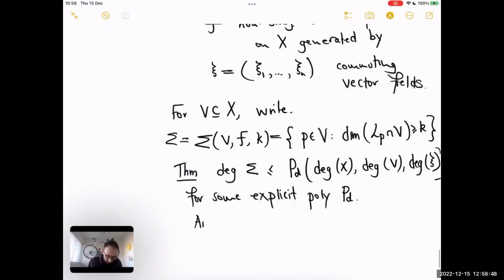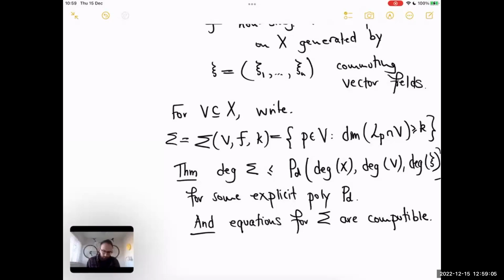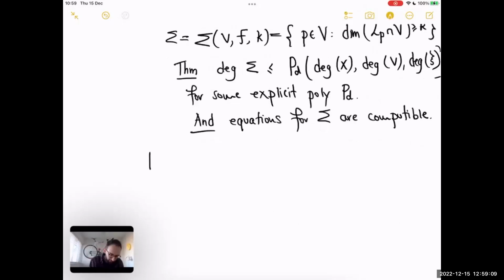And equations for sigma are actually computable if you have them for X and B and so on. So this is essentially a consequence in large part of a relatively old result due to Gabrielov and Khovanskii.